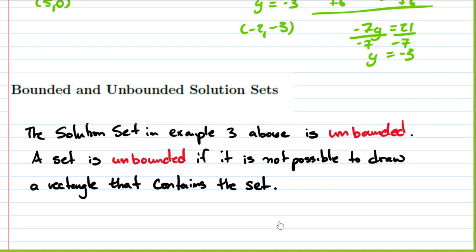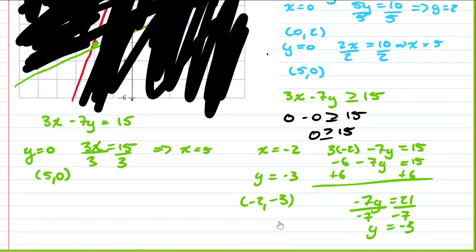So it's unbounded because if I tried to draw a rectangle that contained this set, I could draw two sides like here, but since it goes down forever, I could never finish drawing a rectangle that would contain that set, because it goes down to negative infinity and it also goes left to negative infinity, right? So it would be impossible for me to draw a rectangle that contains that entire set.